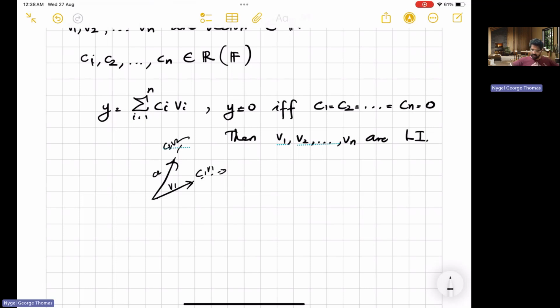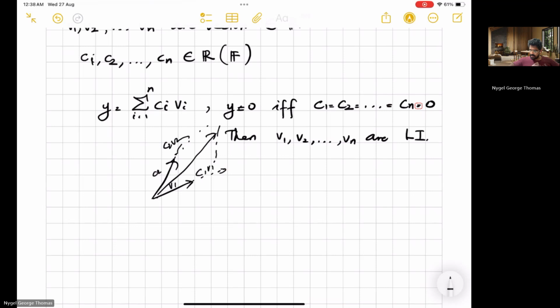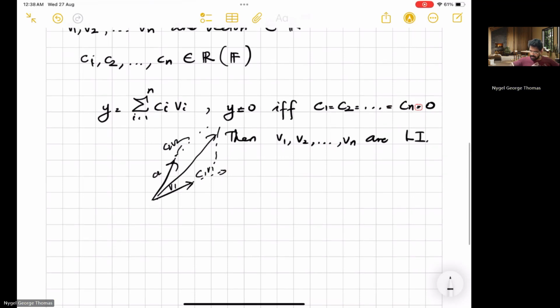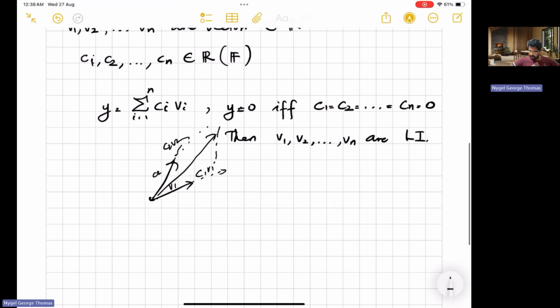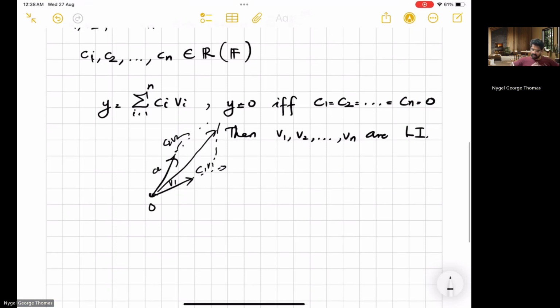Finally, the resultant vector turns out to be this. So what does linear independence mean? If this resultant has to go to the origin, the zero vector, the only way we can scale this is c1 has to be 0, c2 has to be 0.